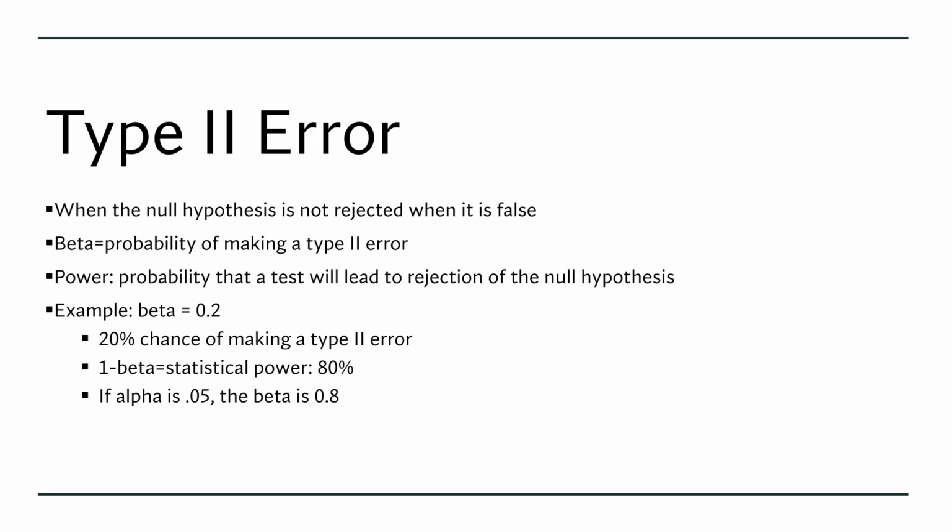For a statistician, a type 1 error is usually worse. In practical terms, however, either type of error could be worse depending on the research context. A type 1 error means mistakenly rejecting the null hypothesis.